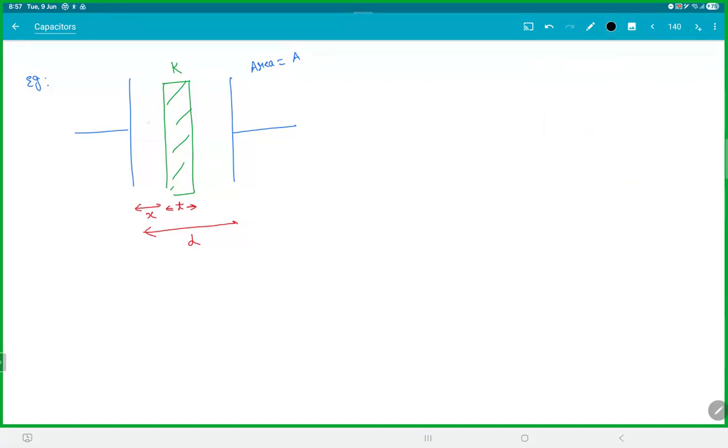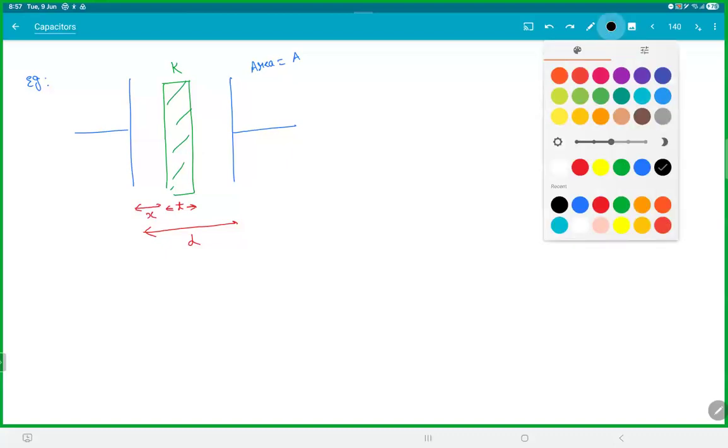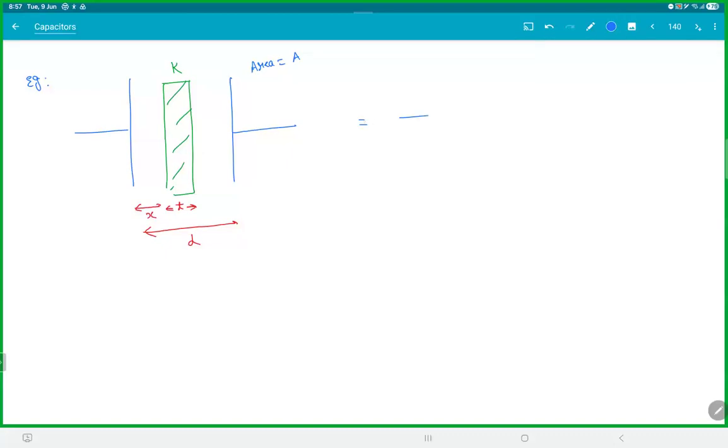Normally, this would be three capacitors.